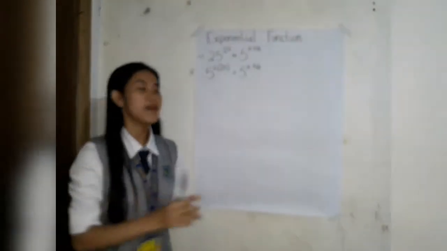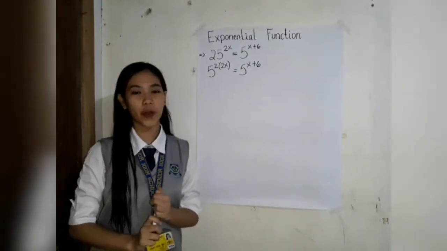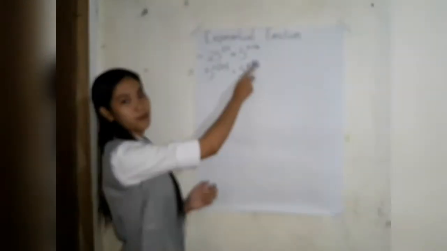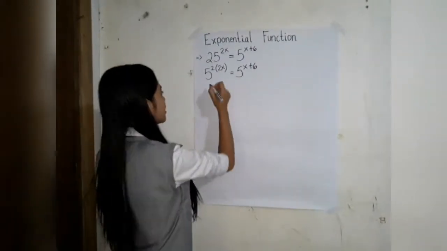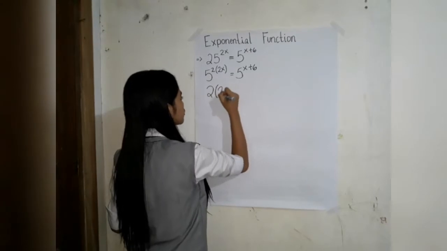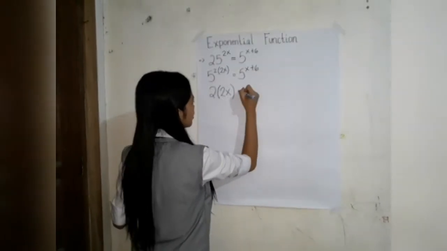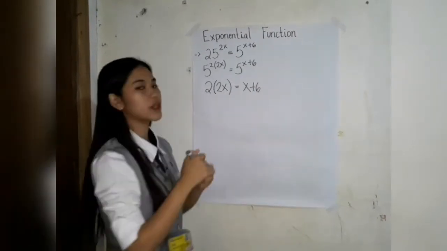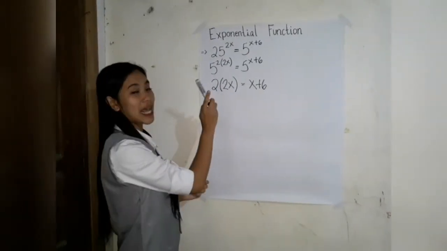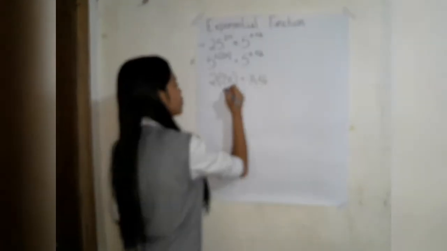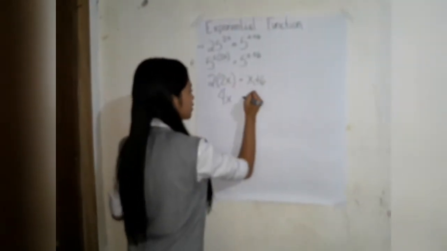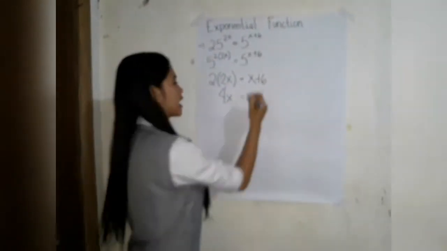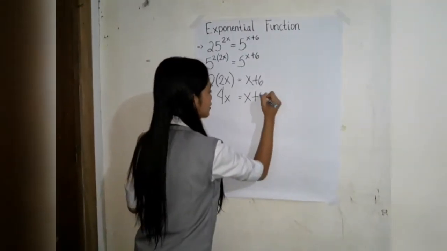So now our bases are the same. Therefore, we proceed to our exponent. Bring down the exponent. 2 times 2x is equal to x plus 6. So, 2 times 2x is equal to 4x. Equals to, copy x plus 6.